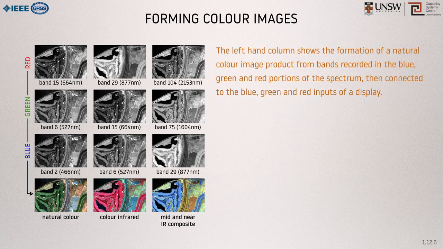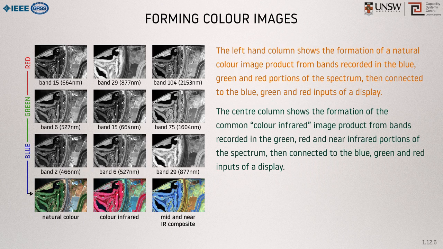On the left-hand column of images, we have chosen a recorded visible red band to display as red, a visible green band to display as green, and a visible blue band to display as blue. The result is a natural colour image where the vegetation appears green, and urban and other developed surfaces take on a brownish or slightly bluish appearance.